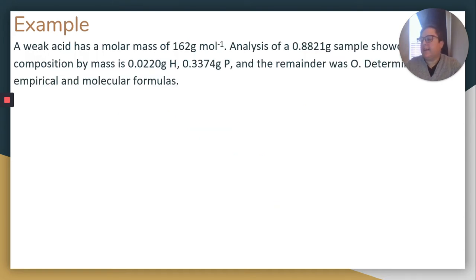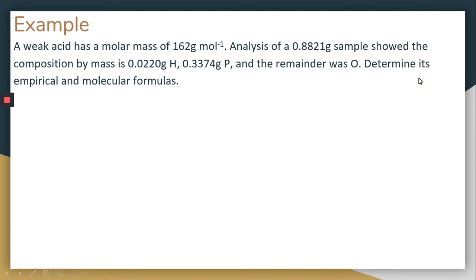Okay, so here we're looking at finding the empirical and molecular formulas. So it tells us that the weak acid has a molar mass of this, so we're going to use this for when we find the molecular formula, because this would be our molecular molar mass. It says upon analysis of this small sample, so this amount of grams would be for hydrogen, phosphorus, and oxygen put together.